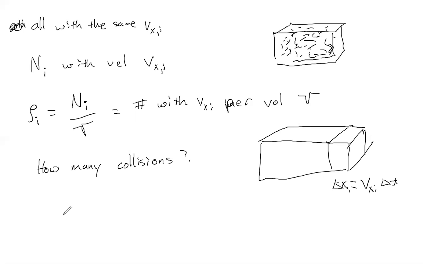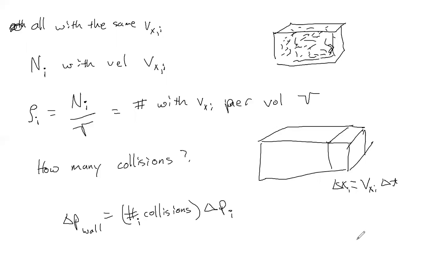So the change of momentum for the wall is going to equal the number of collisions with particles with that velocity times delta p for each one.